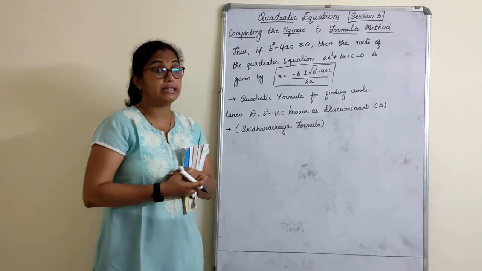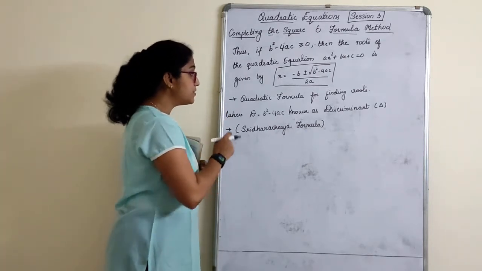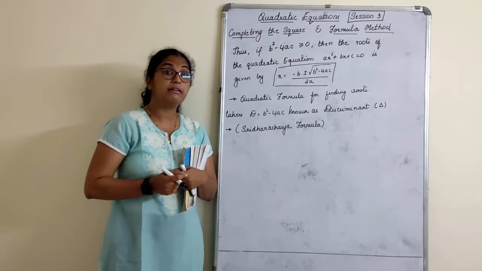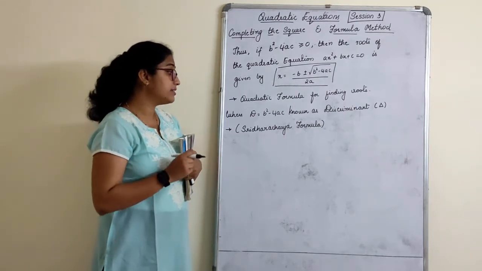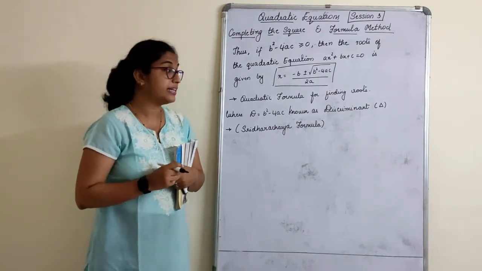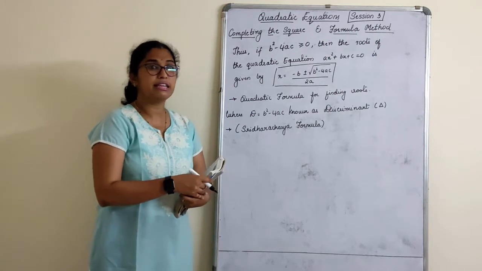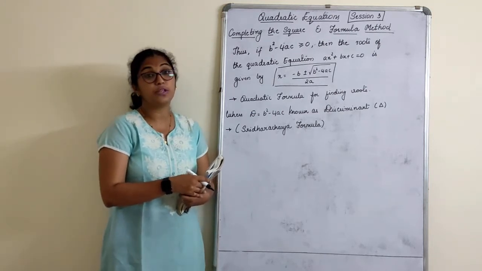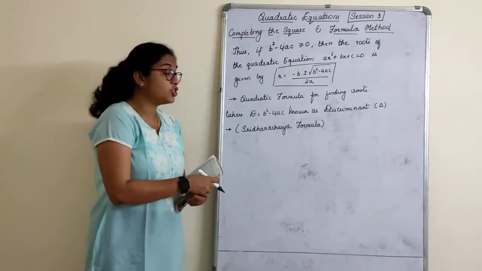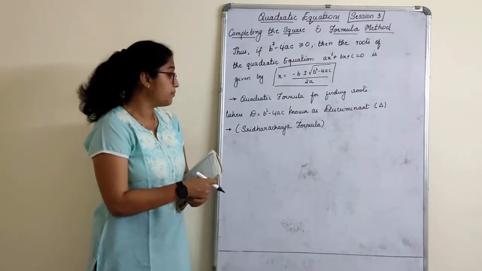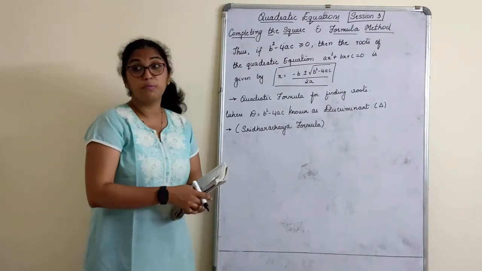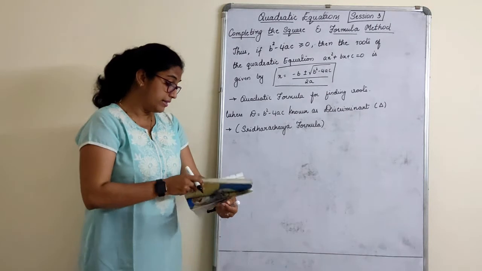We'll be doing that in the next session. This quadratic formula method is also called the Sridharacharya formula method, right? So in case you are asked to find the roots of the quadratic equation by the Sridharacharya method, you should know it is the formula method. Let's quickly begin with an exercise.